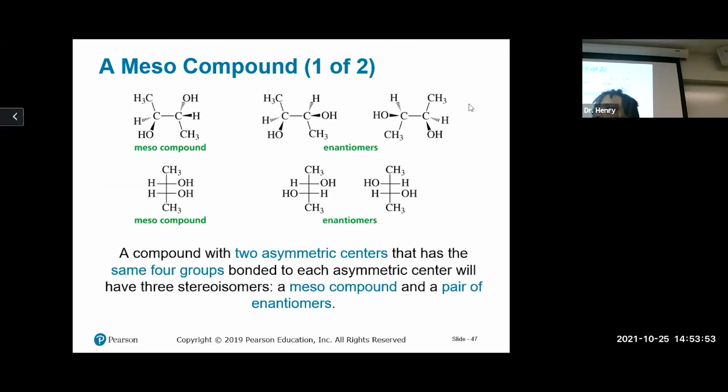Here they have two asymmetric centers, but they have symmetry within them. So here's our Meso compound. Here are our enantiomers. These are our Meso, but it's showing the same thing, just in a Fischer projection.